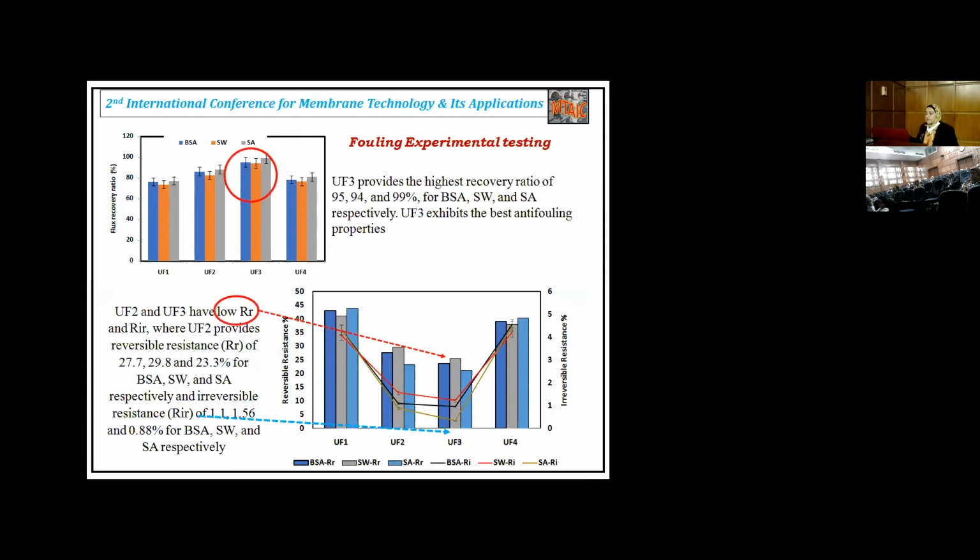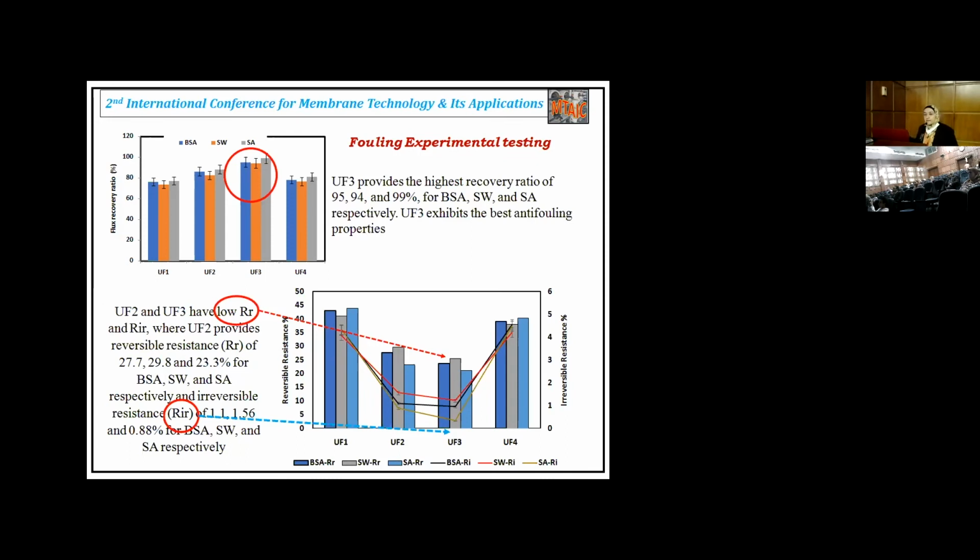For fouling experiments, we repeated these experiments many times and for a long time, approximately a month. UF3 provides a high flux recovery ratio, reaching 99%, and it has low reversible resistance and low irreversible resistance.